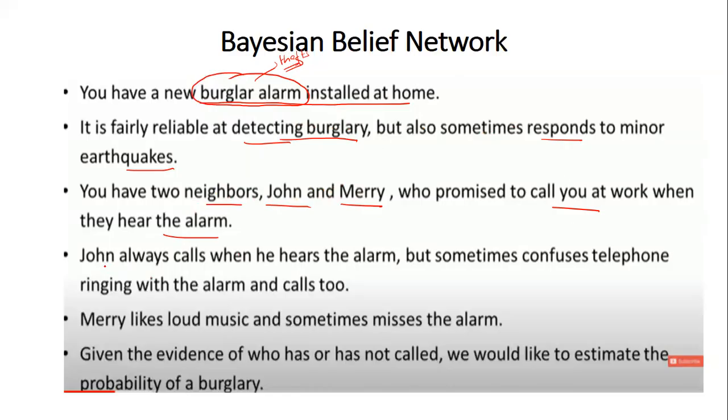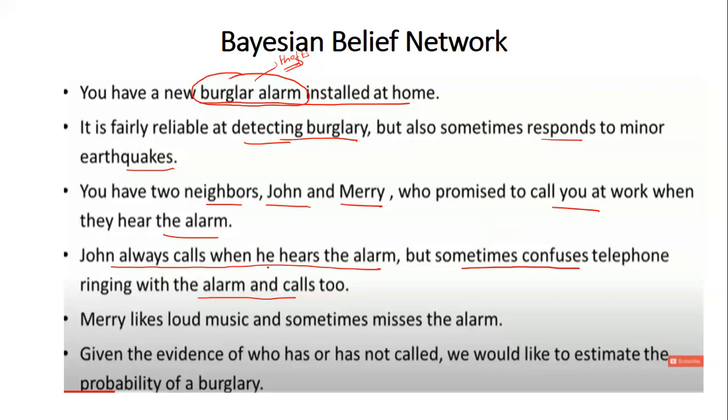The other case is John always calls when he hears the alarm. But sometimes John confuses the telephone ring with the alarm. In your home there is a landline telephone, but sometimes John confuses the telephone ring with the alarm, and because of that he also calls.